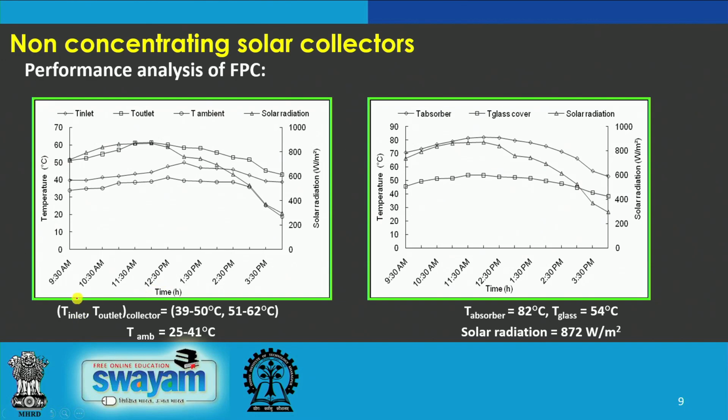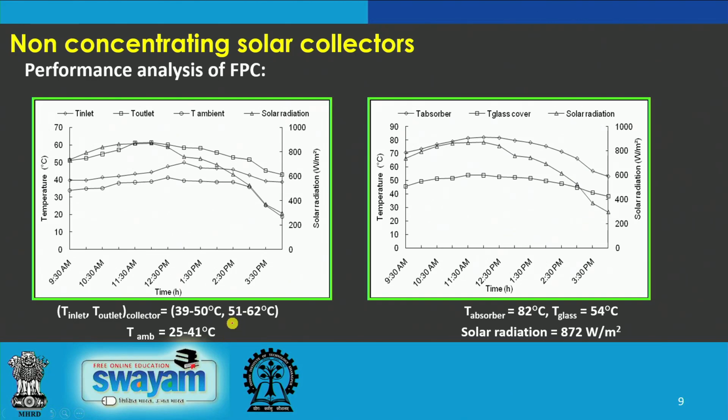As can be seen, the collector inlet temperature ranges between 39 to 50 degree centigrade, the collector outlet temperature lies in the range from 51 to 62 degree centigrade, and ambient temperature is in the range of 25 to 41 degree centigrade.